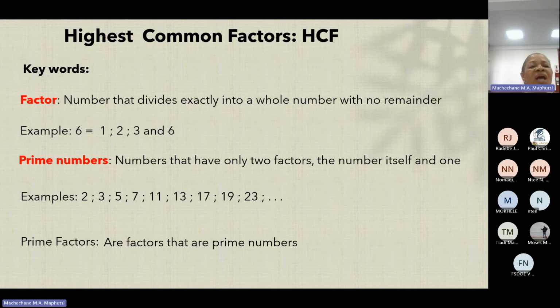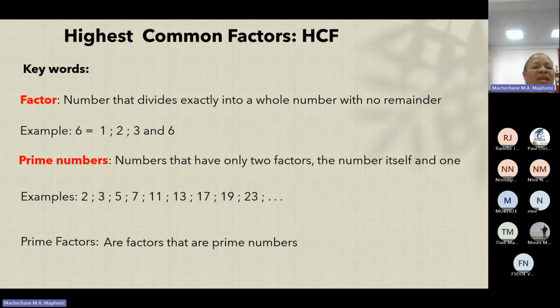But when we deal with highest common factors, we use only prime numbers. Now, what are prime numbers? They are numbers that have only 2 factors, the number itself and 1.